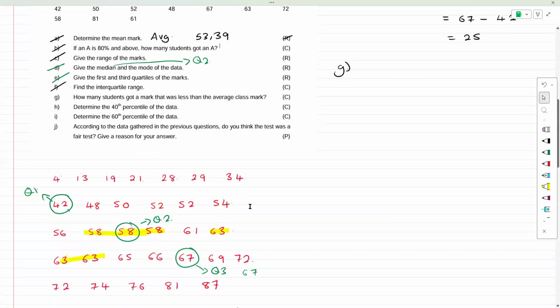All I have to do is count who got less than 53.39 actually. So 53 falls here. 1, 2, 3, 4, 5, 6, 7, 8, 9, 10, 11, 12. So 12 students got less than the average. Guys, this is like your grade average in your report, so it's the same thing.